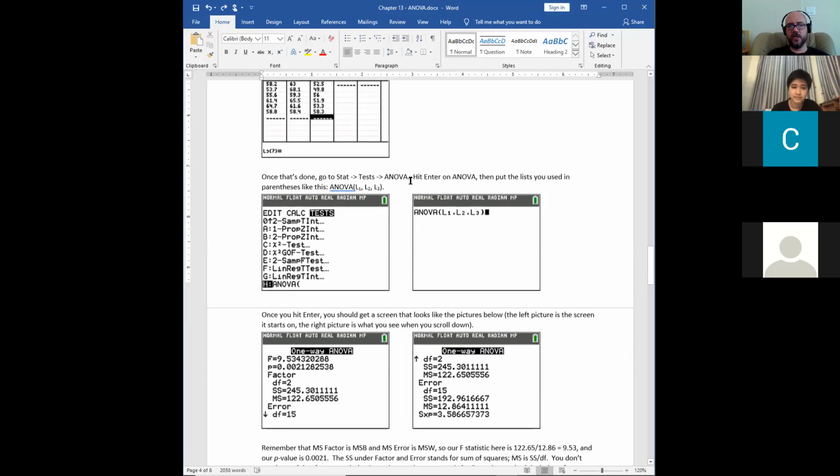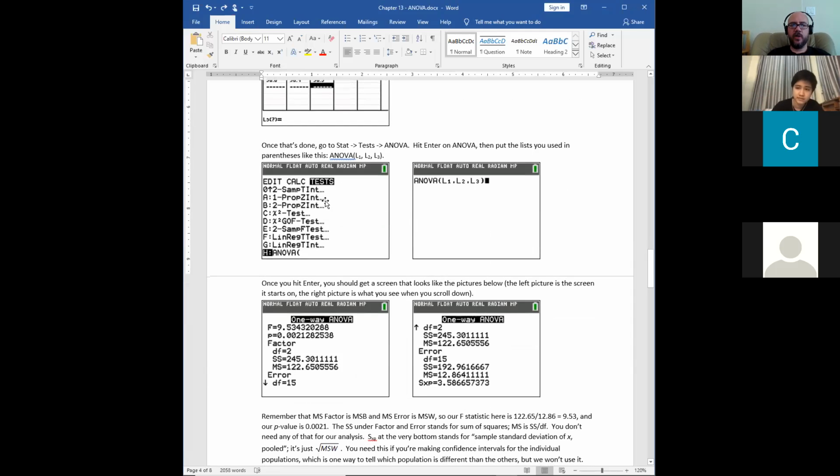So here's how you do an ANOVA test. It's pretty simple. There's just a button for it in tests. Just go to stat tests, and then the bottom one is ANOVA. It won't give you the normal screen like it usually does. It'll just put ANOVA and a left parenthesis on the home screen, and you have to type in the columns that you used.